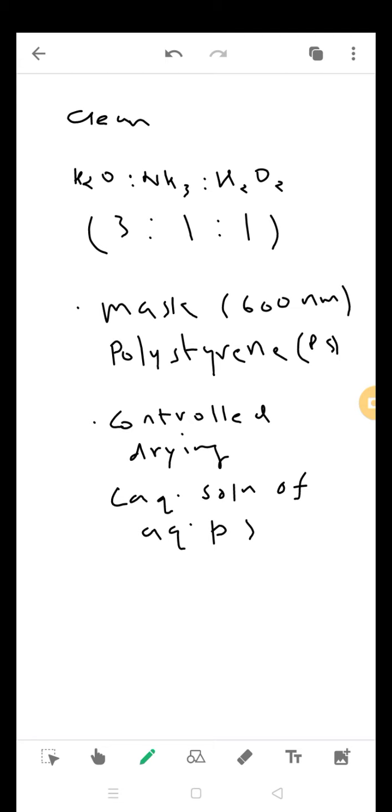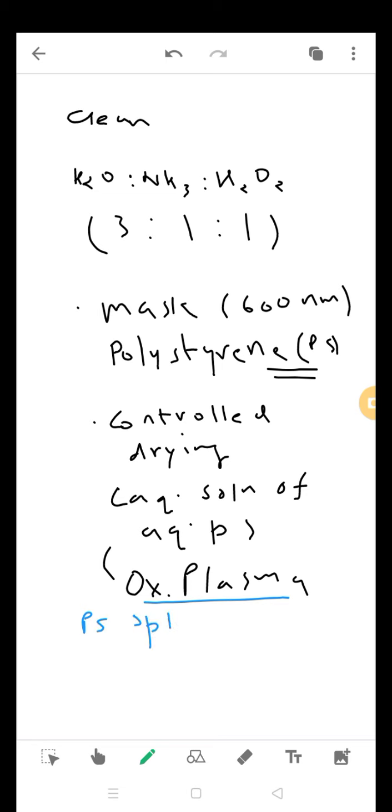What happens is that these are basically polystyrene spheres. After this controlled drying, we shrink the spheres in oxygen plasma. So the oxygen plasma causes the PS spheres to shrink.